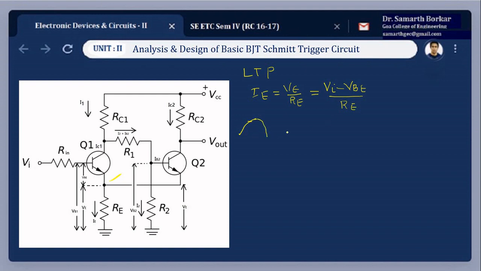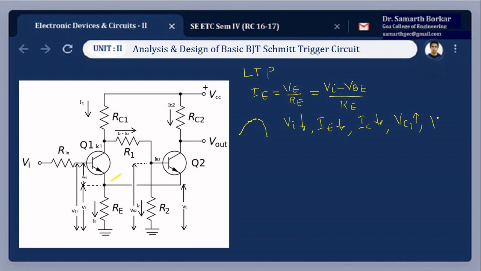As the input voltage Vi reduces, naturally IE will reduce, and so will IC. Now if IC decreases, VC1 increases, and this VC1 is the voltage at the collector terminal of the first transistor, which is connected to the base of transistor Q2.